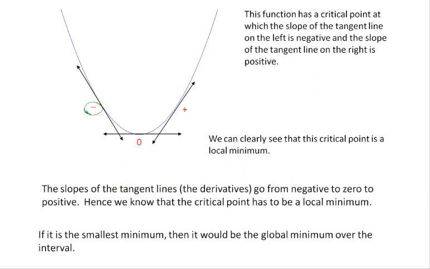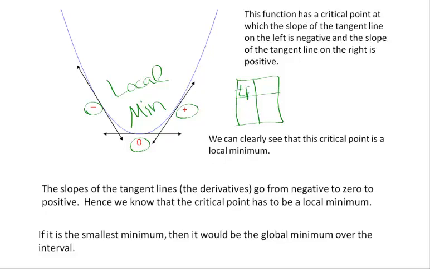If our slopes go from negative to 0 to positive, we clearly have a minimum. Now we're going to have to do some further testing to see if it is the absolute minimum. But at the very least, we know we have a local min, and it's based on what's happening to the output of our first derivative. And we can do that by running this test.